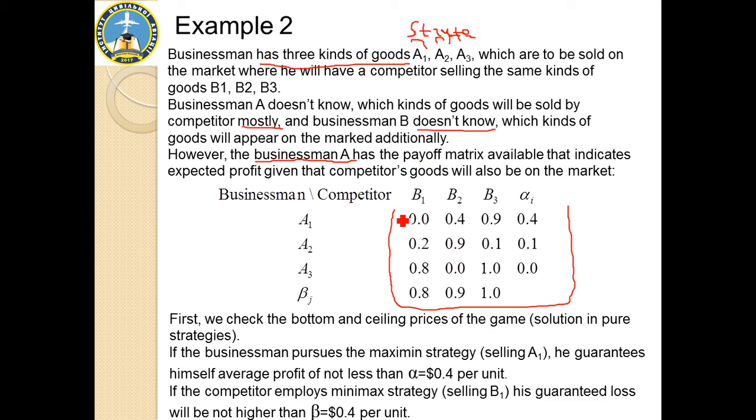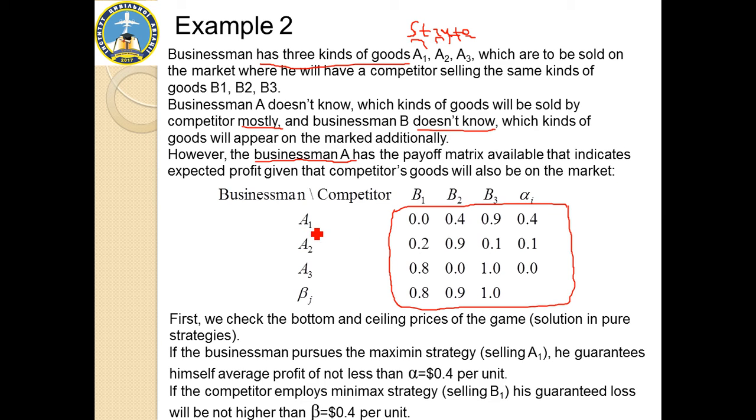So this payoff matrix represents the expected profits given the combinations of goods sold by different suppliers, the businessman and his competitor.